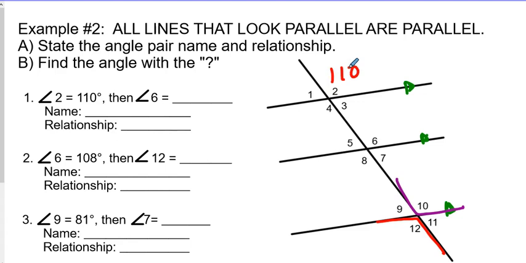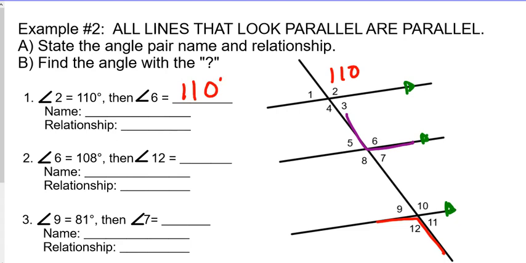Okay. So what's angle 6? Well, there's a few ways to look at that, but angle 2 is right here, and if this slides on down the escalator, angle 6 is equal. It's the same thing. Another way to look at it is 2 is obtuse, 6 is obtuse, all the obtuse are the same. So this is going to be 110 also.